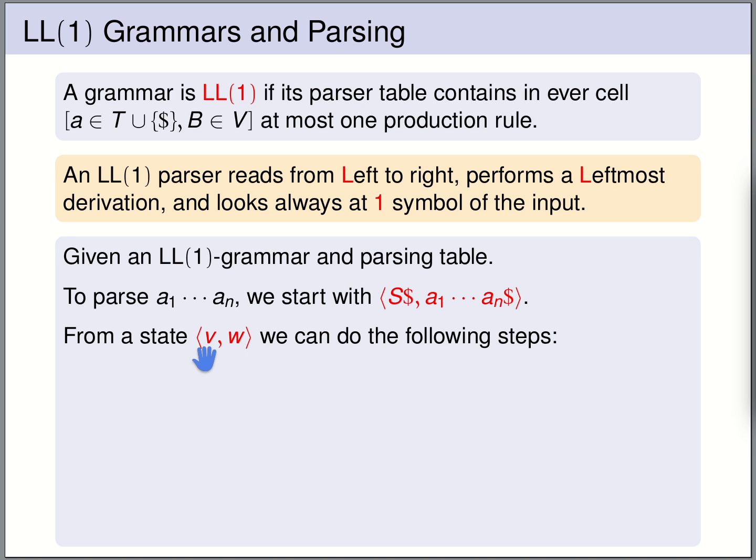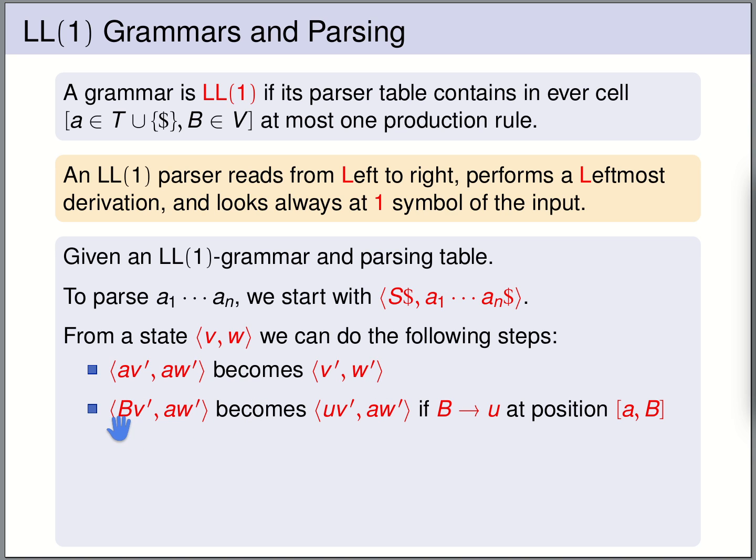Now, how do we proceed in each step? If we are in a state, some pair VW, then we proceed as follows. If both entries of our pair start with the same terminal letter A, then this matches nicely. We can drop the A and continue with the remainder. If the first entry of our pair starts with a variable B and our input starts with a terminal letter A, then we look in our parser table at the position AB.